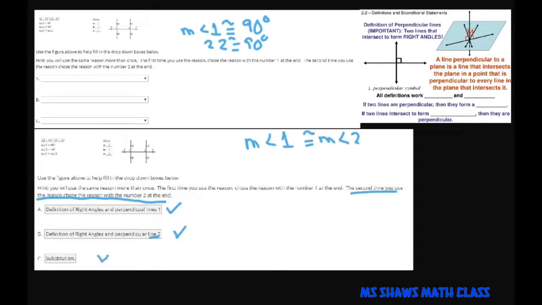And that's just using substitution, because they both equal 90 degrees. So you could say 90 degrees equals 90 degrees. And basically these are the definitions of if two lines are perpendicular, they form a right angle. If two lines intersect to form right angles, or let's just say 90 degrees, then they are perpendicular.